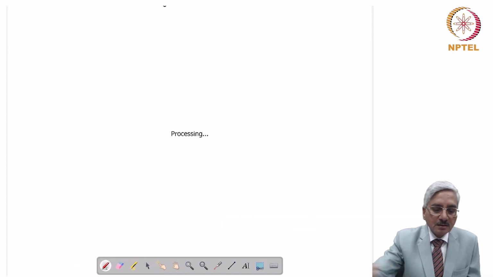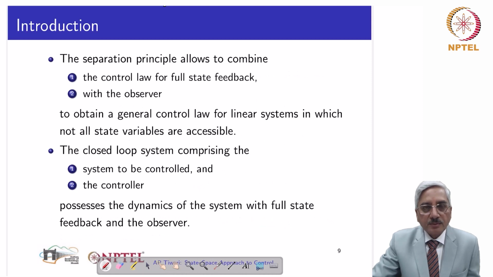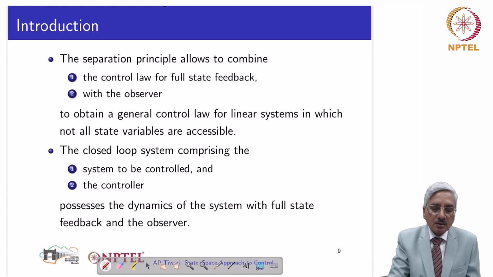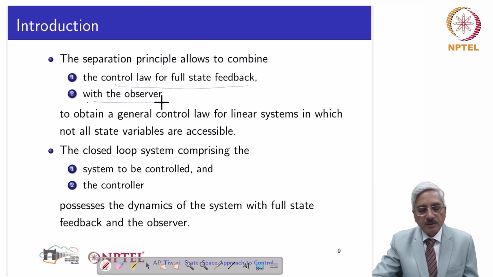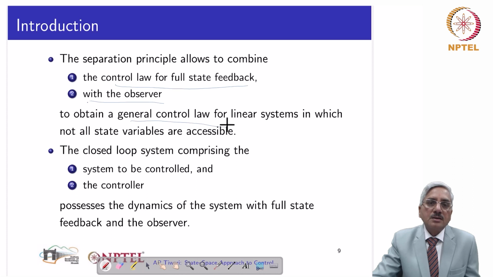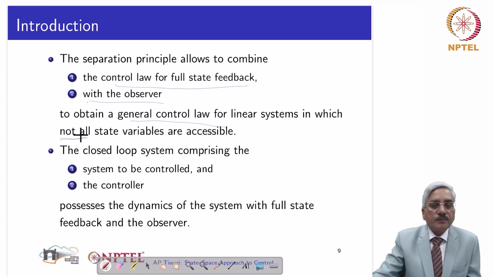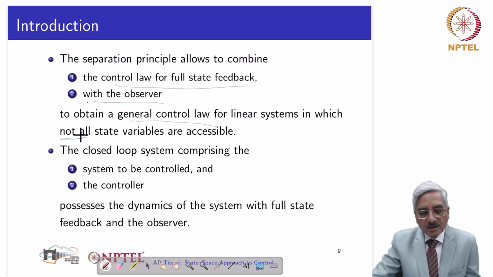In particular, through the separation principle, we shall see how the control law for full state feedback can be combined with the observer, and it will give a general control law for the system for which not all state variables are accessible. For those systems, it will give a general control law.